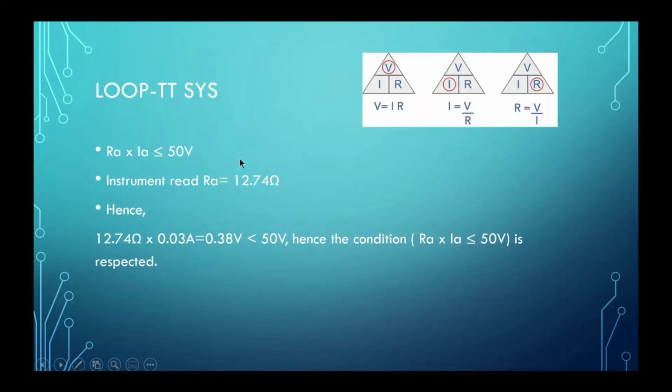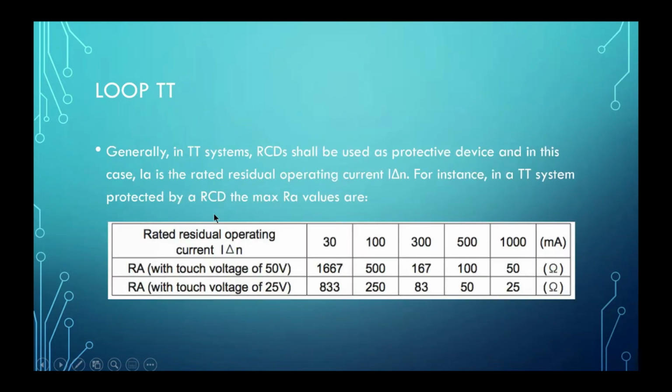So just now I explained this formula must be respected. If your instrument measures the RA value as 12.74 ohm, hence this one is R times I, voltage equal to I times R. So we say 12.74 times your IA, as mentioned just now.